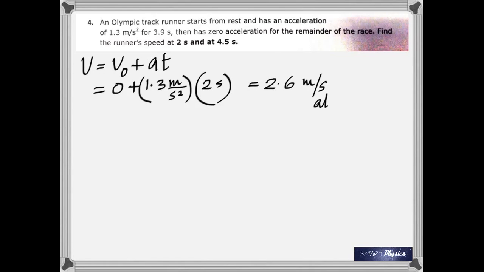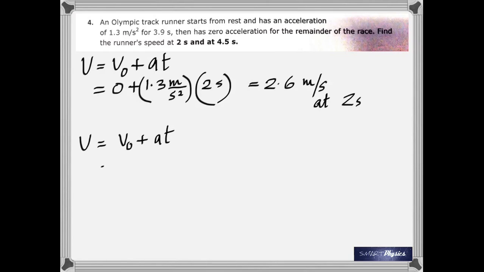2.6 meter per second. But now, the second part is a trick part to check whether you're reading the question. Remember that. The runner is only accelerating for how many seconds? 3.9 seconds. And after that, the runner is moving at a constant velocity. So whatever is the velocity at 3.9 seconds, that's going to be the velocity even at 4.5 seconds, because his velocity does not change after that.